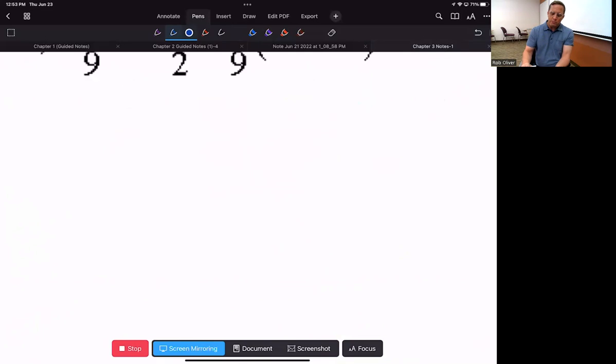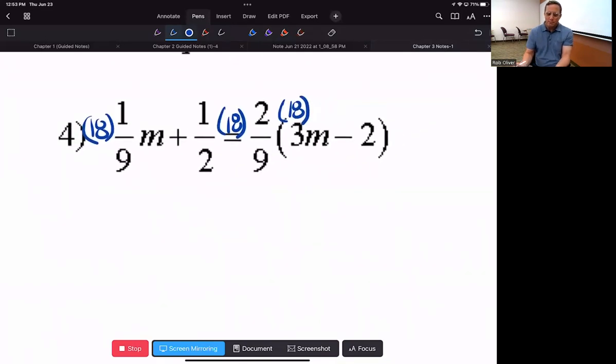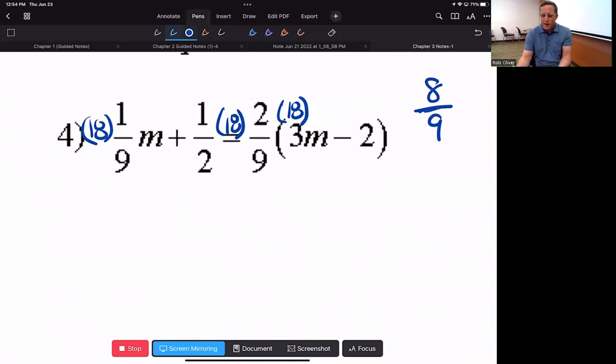So when you guys multiply everything by 18, what that does is cancel out the denominators for all the fractions. And that's what you want to happen, because a fraction is only a fraction because it has a denominator other than 1. Like let's say that's 8/9. Well, if we get rid of that 9, if we get rid of that denominator, it's no longer a fraction, it's just 8.